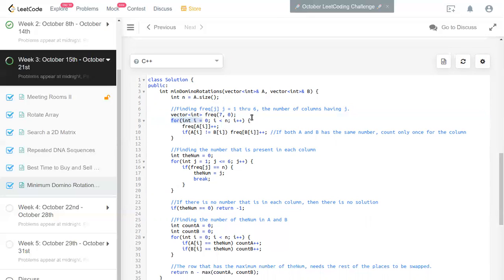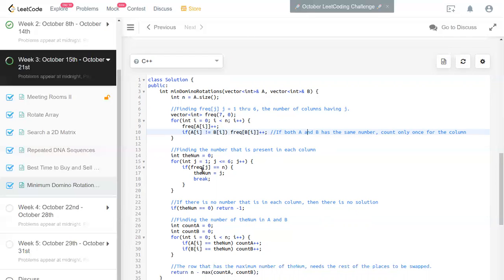I go through every domino, and then I find the frequency of each of those numbers. Whenever a number is present in both rows of the column, I just count it as 1, because I just want to see in how many columns a number is present, right? So if it is present in both, I just count once.